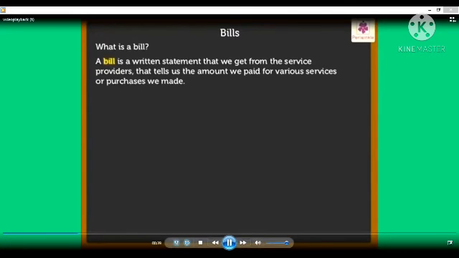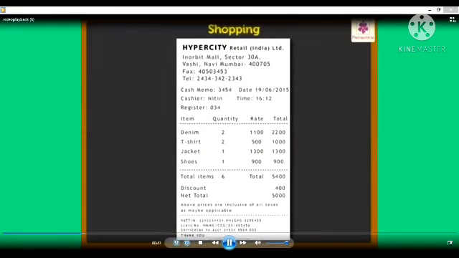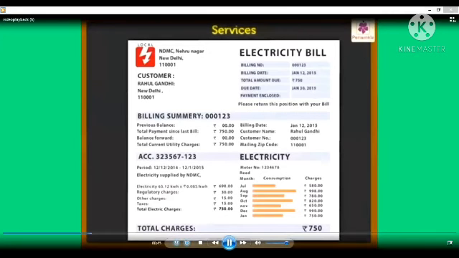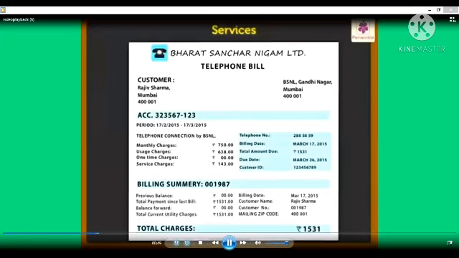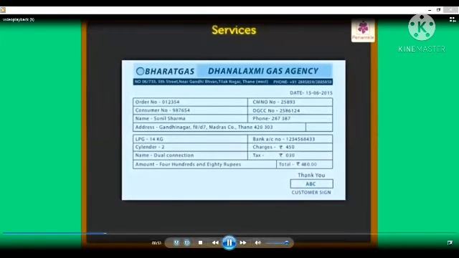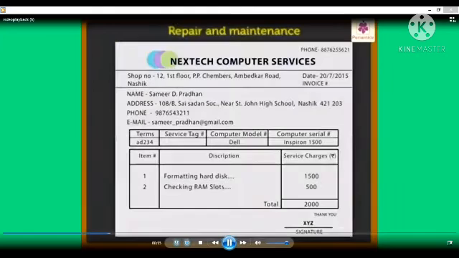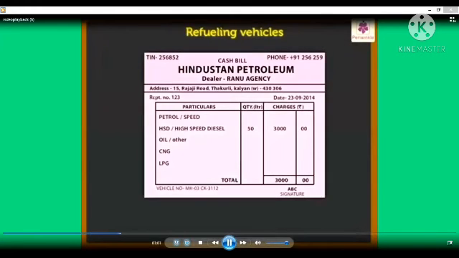We receive bills for shopping from a store, for services such as electricity supply, telephone facility, gas supply, for repair and maintenance of house gadgets, for refueling vehicles with petrol or diesel.